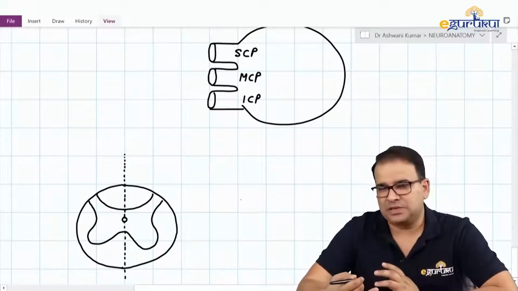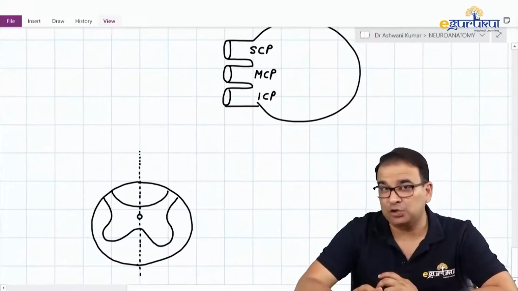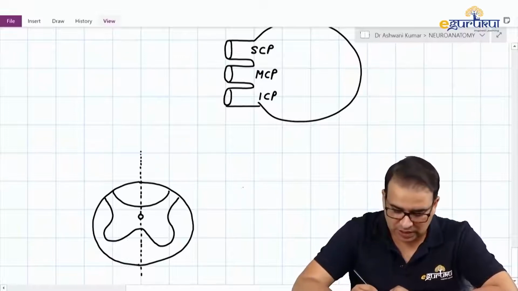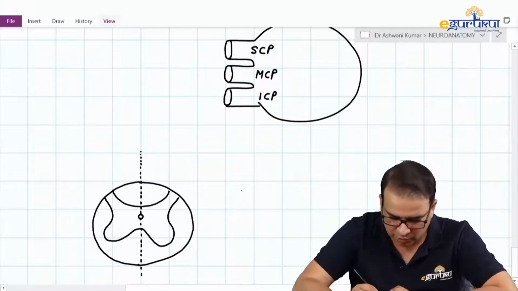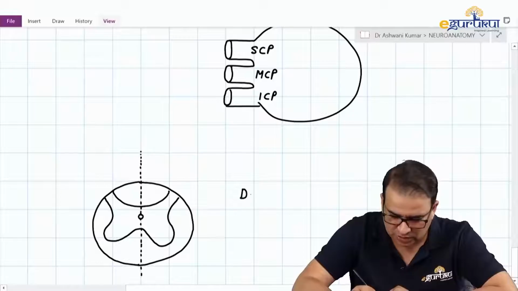Obviously, we are talking about the tracts going into the cerebellum, so it's the unconscious proprioception that we need to focus on. So unconscious proprioception will again be coming from where? From the dorsal root ganglia.